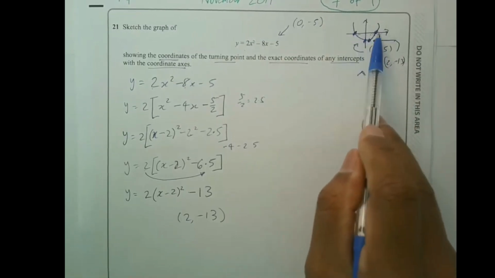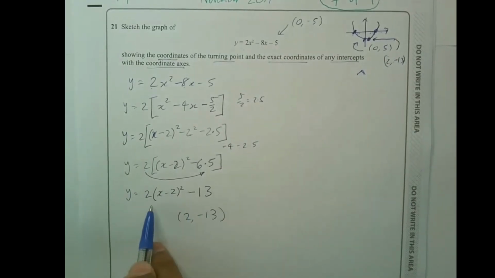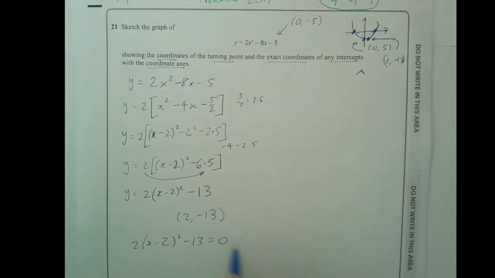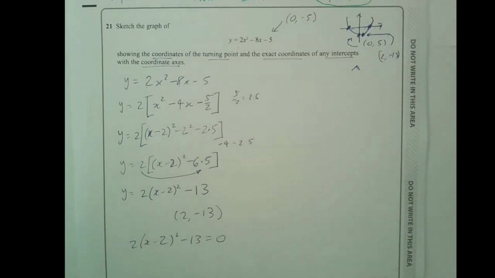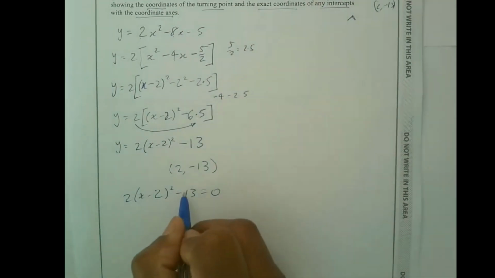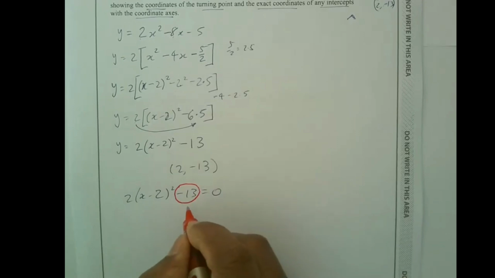So this is saying when y equals 0. So this needs to equal 0. I'm going to say 2 bracket x minus 2 all squared take away 13 equals 0. Now all I have left is to work out what x is. I can take this to the other side, which is going to be plus 13.